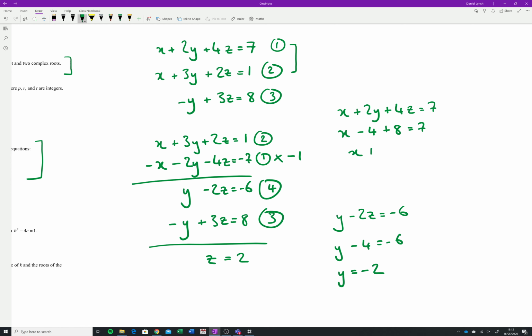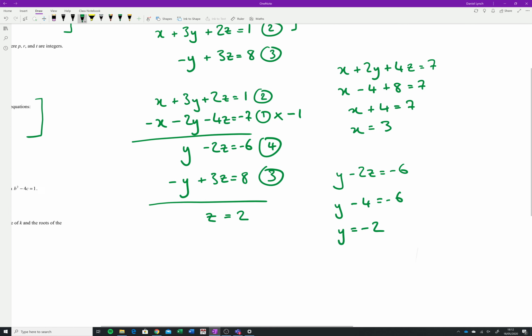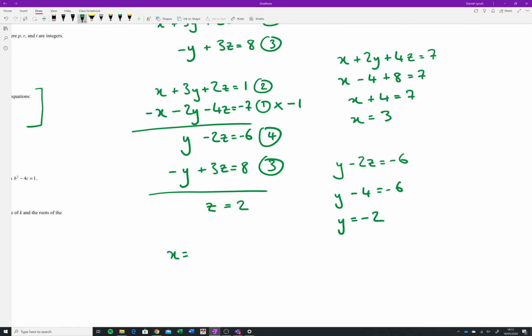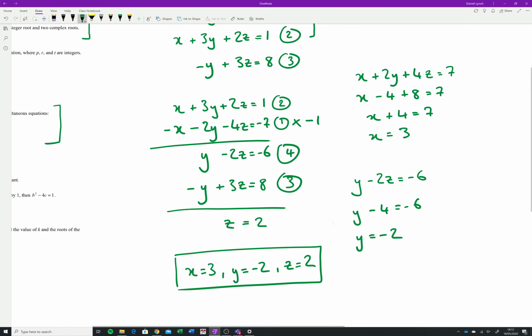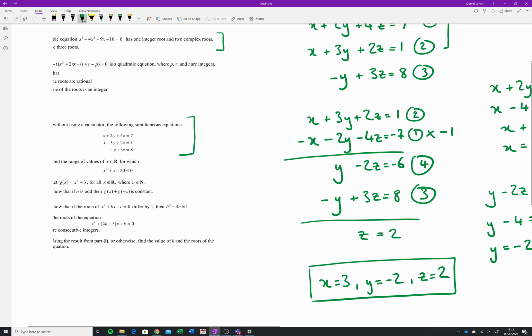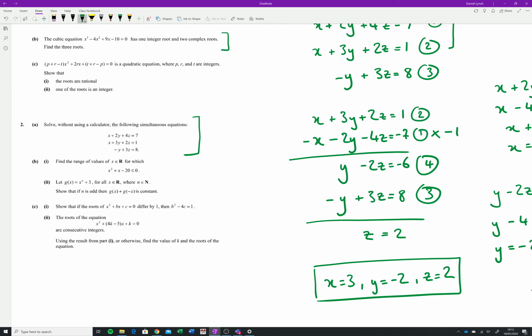So we get x plus 4 is equal to 7, and x is equal to 3. And just for our examiner's sake, we write all our answers here. There you go. So there's a little simultaneous equation for you just to practice on and just to see if you're good for it.